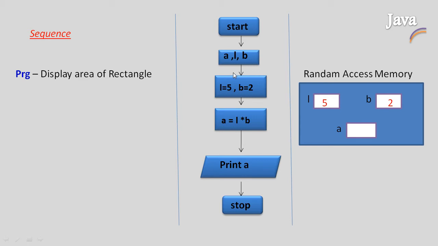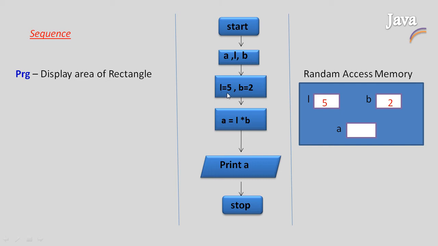If you see in the flowchart, here we have defined the value of L. When you take these three variables A, L and B, three sublocations, one with the name L, another with the name B, another with the name A, are going to be allocated inside the bigger location. The bigger location is the random access memory, and we have defined the values.